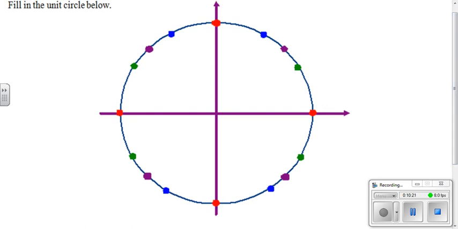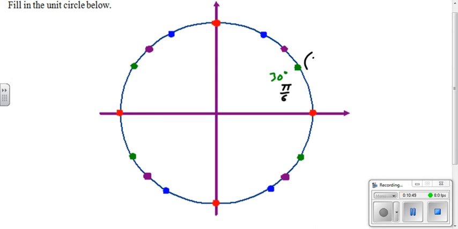This green dot, this one right here, is going to be right at 30 degrees away. You can kind of notice how the angles that it makes here are going to be 1/3 of our 90-degree angle. So 1/3 of 90 is 30. So this one is 30 degrees, which converts to pi over 6 radians.